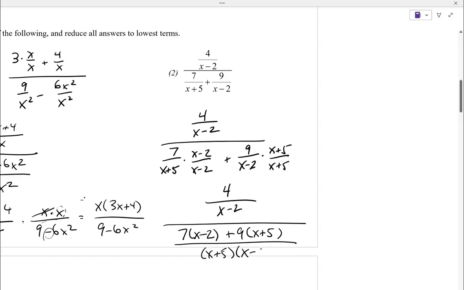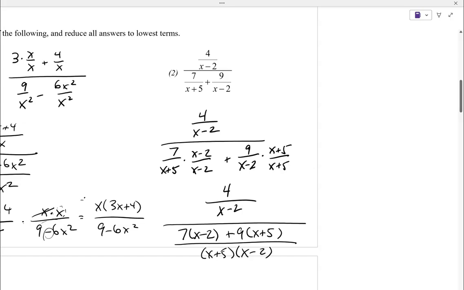All right, so we combine those together. In the first one, we have 7 times that whole x minus 2. In the second part, we have the 9 times the whole x plus 5, and that's all over x plus 5 times x minus 2, right? That's our common denominator. Okay.